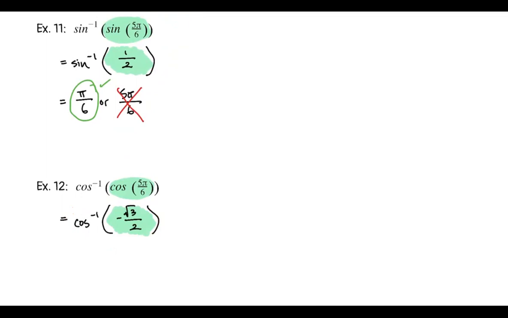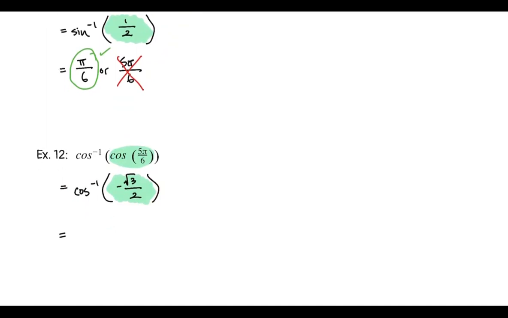All right. So give me the two answers that are possible for inverse cosine of negative root 3 over 2. Can we get a confirmation for that? 5 pi over 6 or 7 pi over 6?